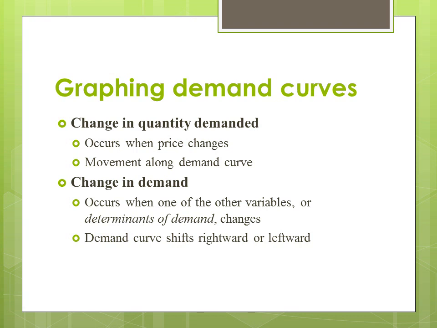Change in demand occurs when one of the other variables or determinants of demand changes. So when one variable changes, the demand curve shifts rightward or leftward, upward or downward.